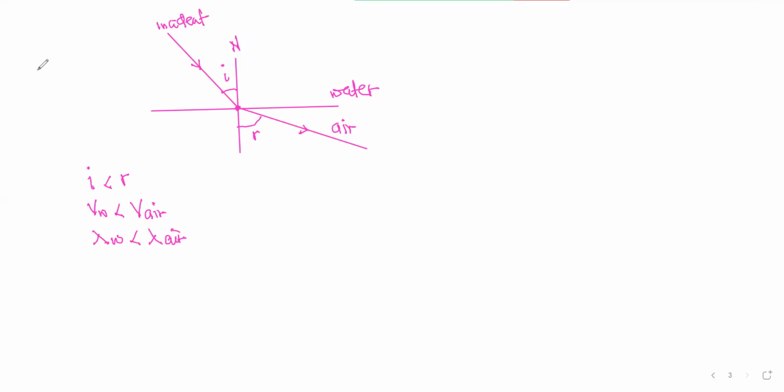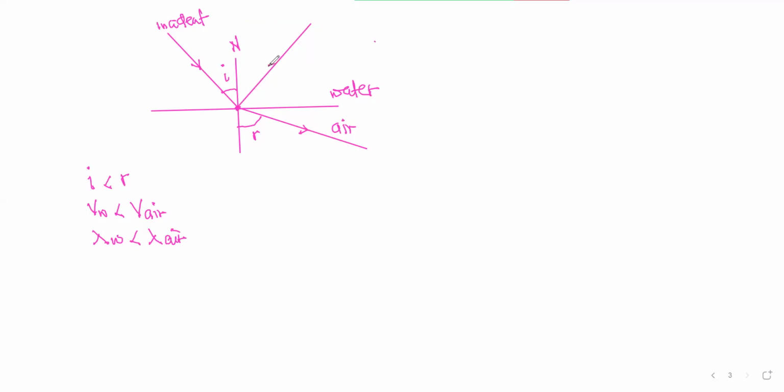But class, do not forget that whenever light is incident on a transparent medium, reflection also occurs, but the reflected ray is weaker. So we have a very weak reflected ray, but the refracted ray will be stronger.